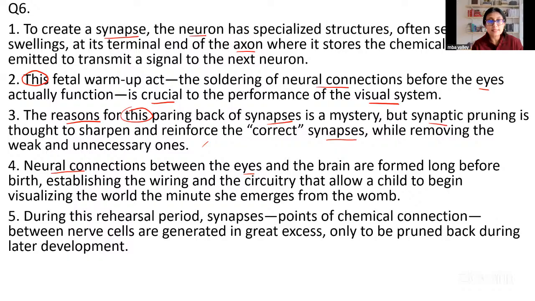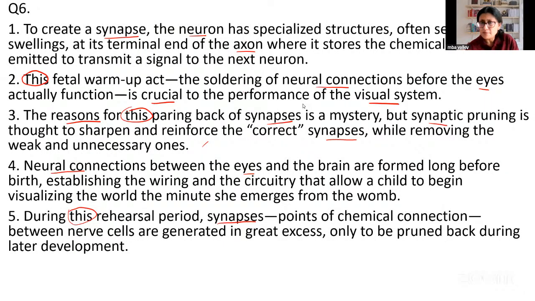During this rehearsal period, synapses, points of chemical connection between nerve cells, are generated in great excess, only to be pruned back during later development.